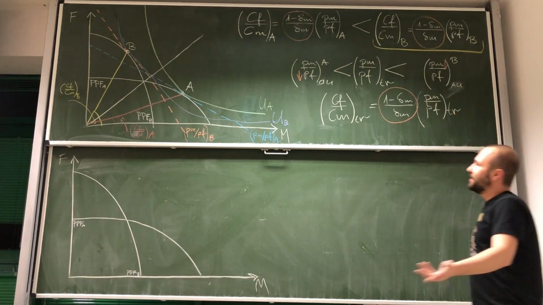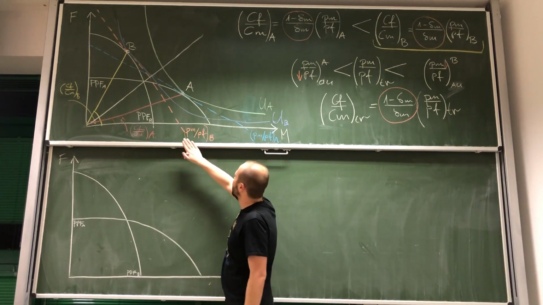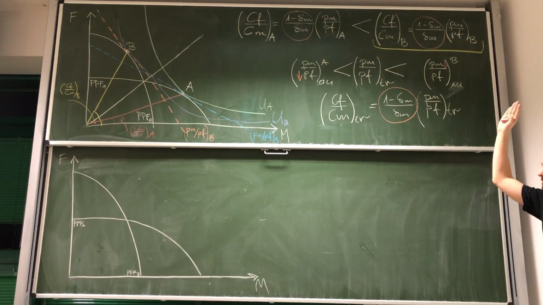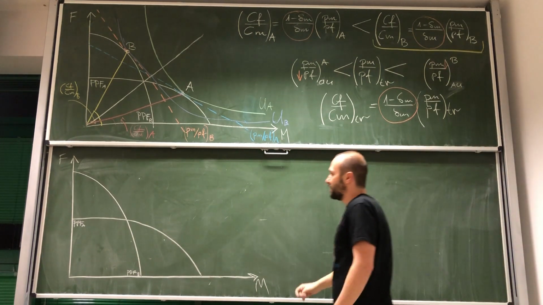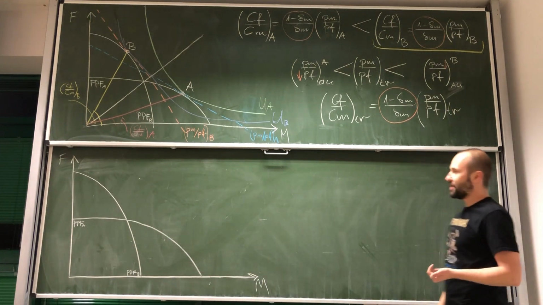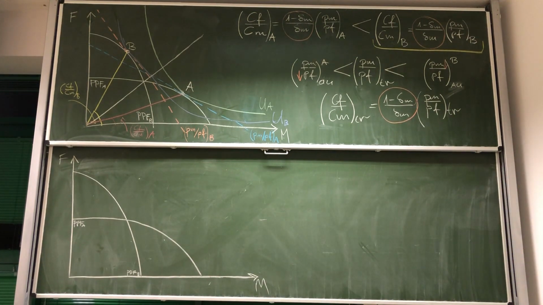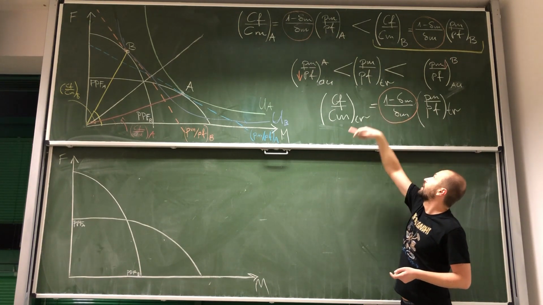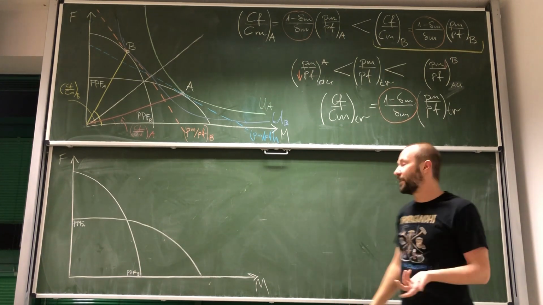Well, this is very easy. All we need to do is to take the price ratio and check where it is tangent to production possibility frontier in each country. But which price ratio are we taking? We're taking the price ratio for trading economy.